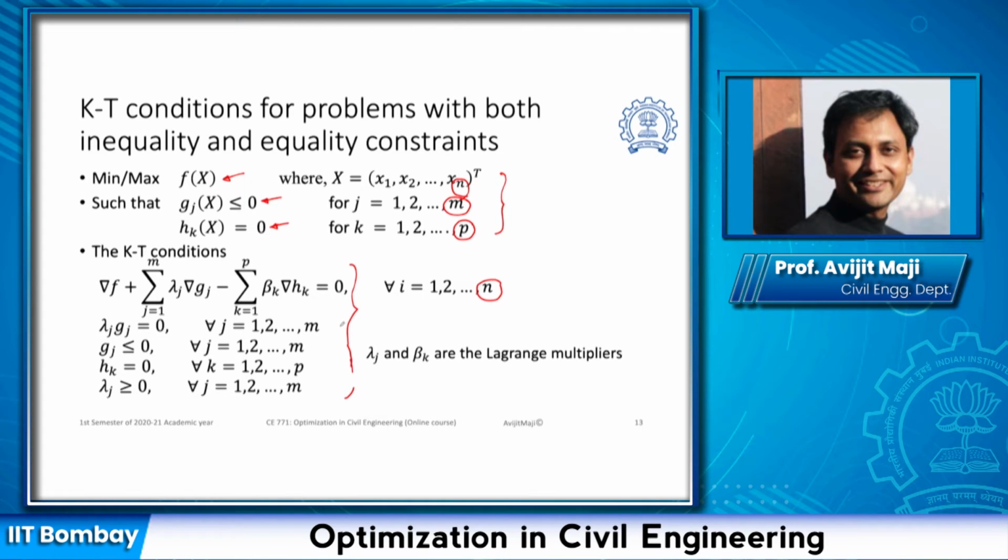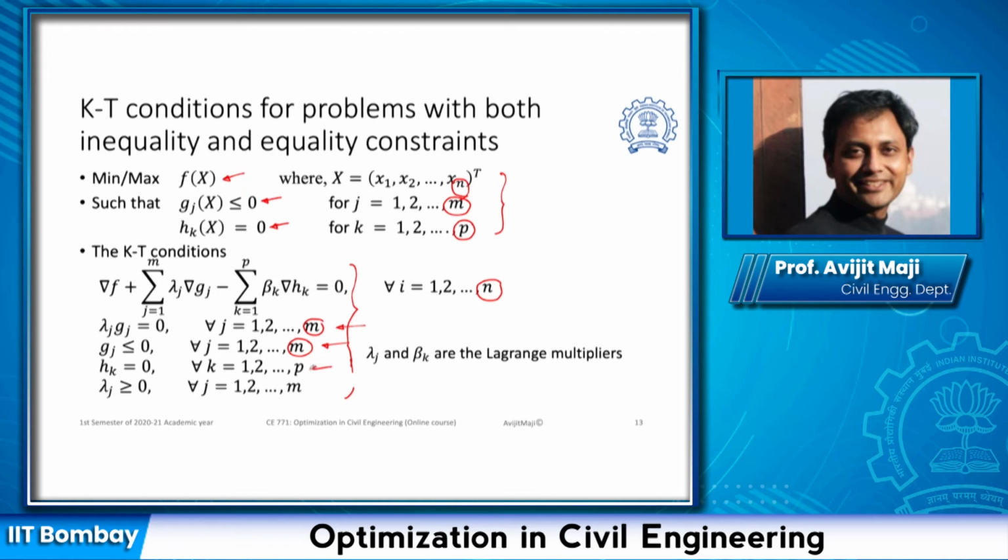The second set of equations, which is of m numbers, is going to represent the Lagrange multiplier multiplied with the inequality constraint, indicating both active and inactive inequality constraints. The third one, again of m number, is going to represent the inequality constraints, whether they are going to be satisfied or not for the solution which we are obtaining, or for the extreme point.